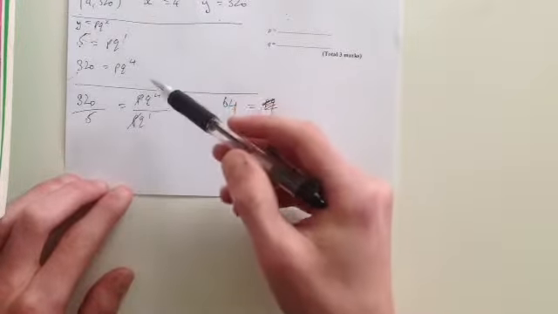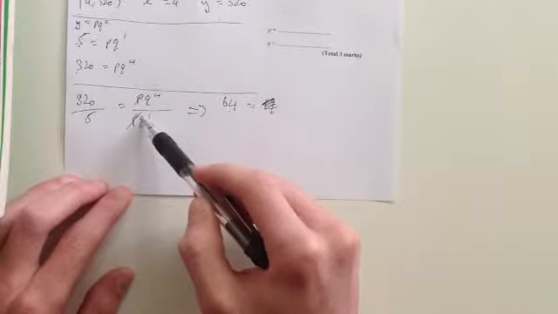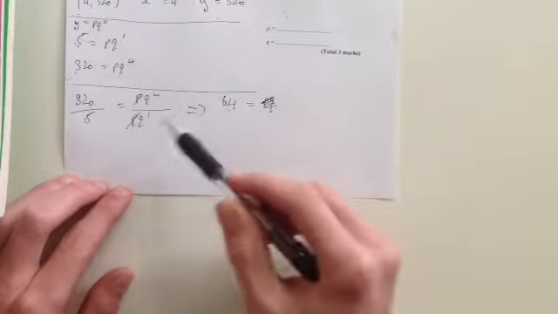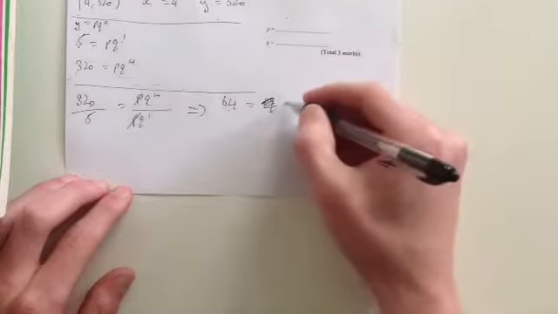The laws of indices state that 4 divided by 1 in this format means 4 take away 1, which equals 3.